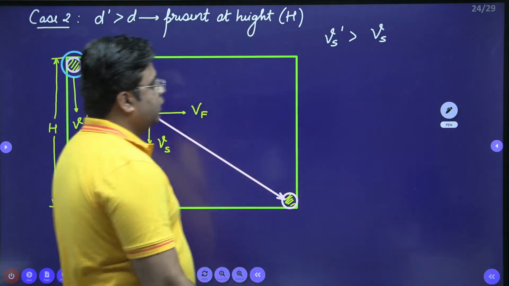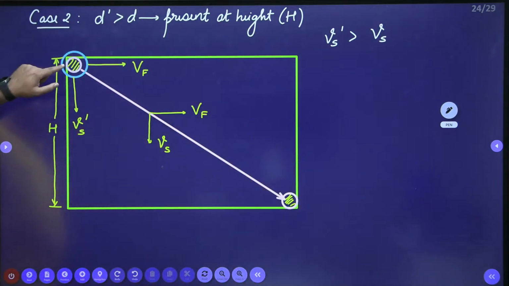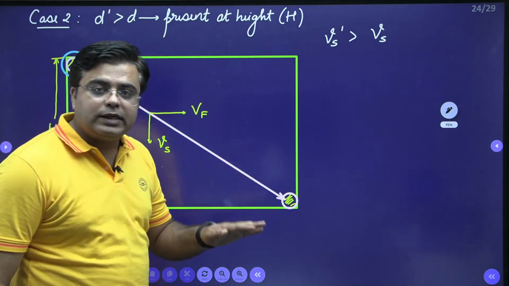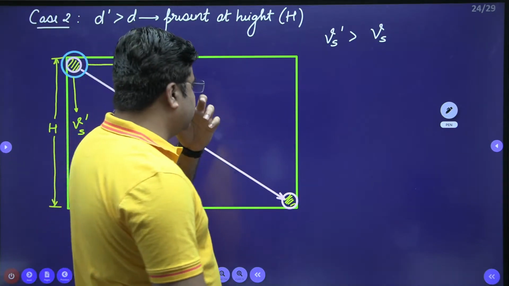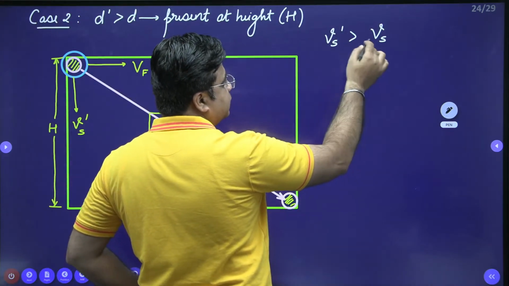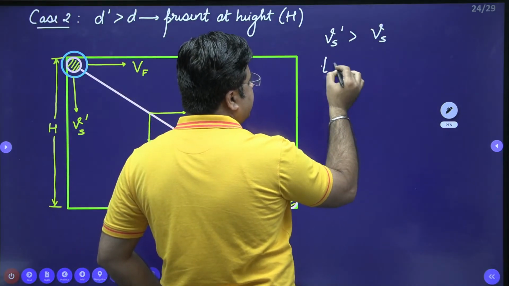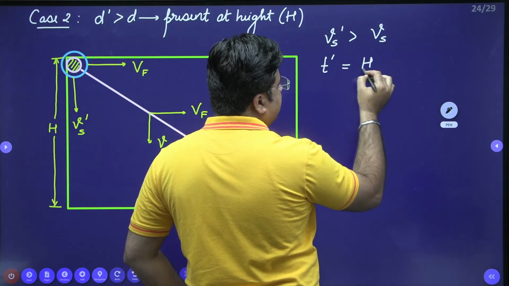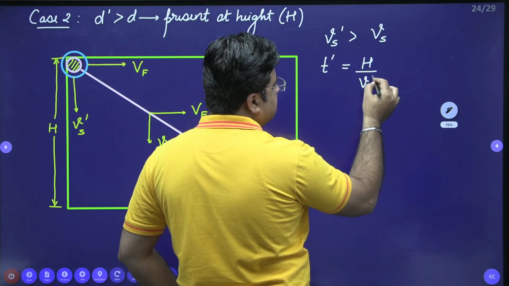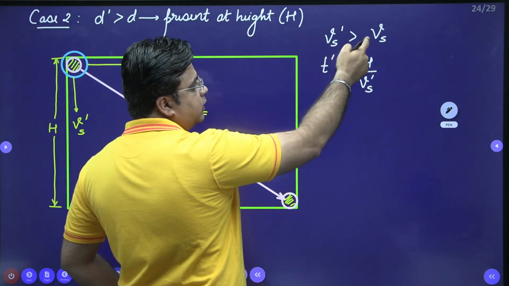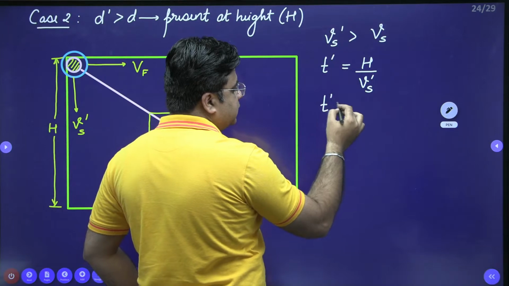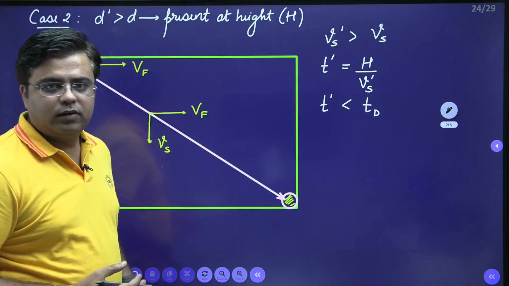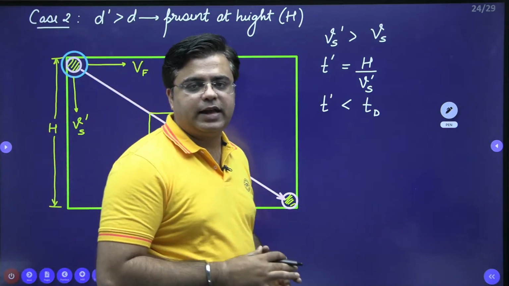Okay. Now the time taken by this particle to reach the bottom of the settling zone will be less than Td, because Vs dash is more than Vs. So the time taken by this particle to reach the bottom of the tank is equal to capital H by Vs dash. Since Vs dash is more than Vs, this T dash will be less than Td, that is the time available with the solids to settle inside the tank.